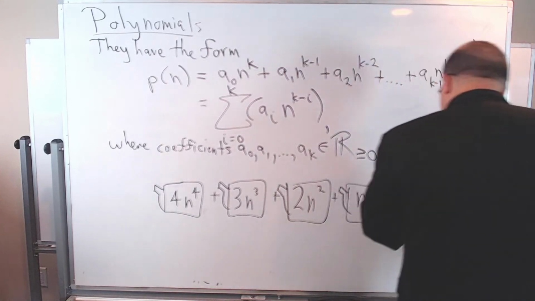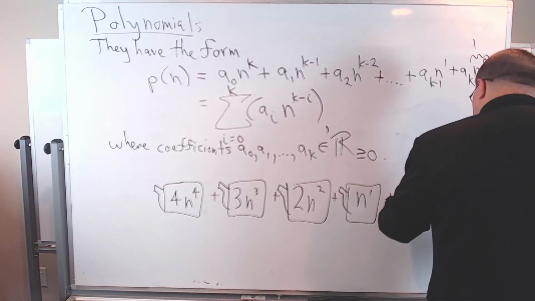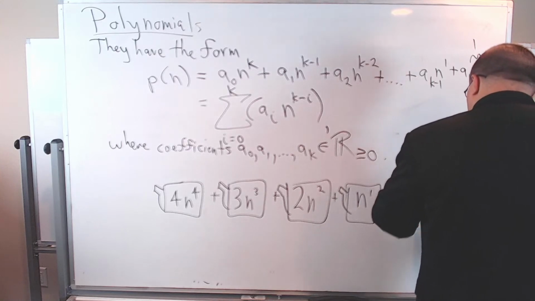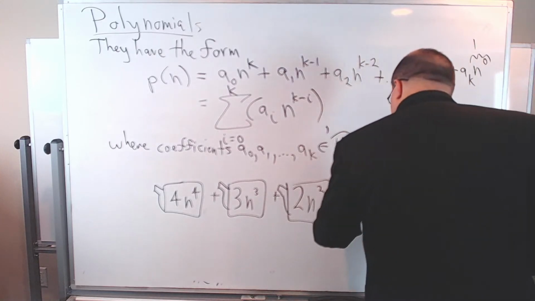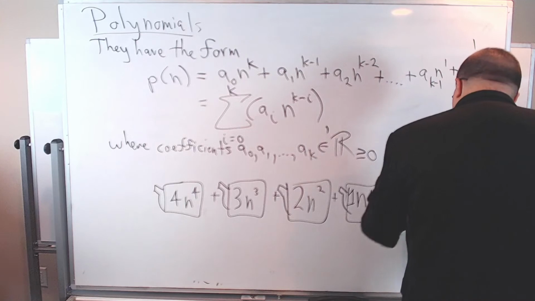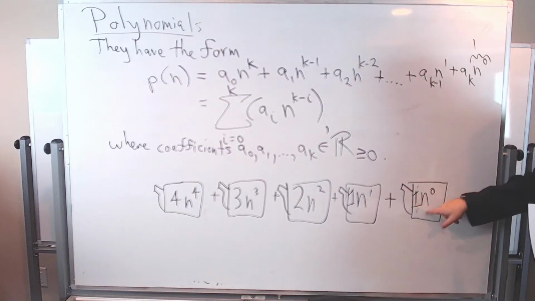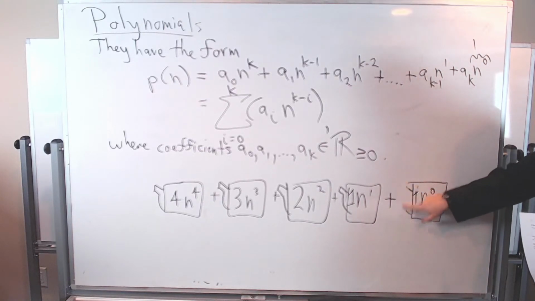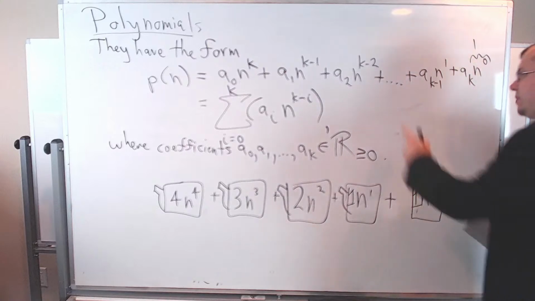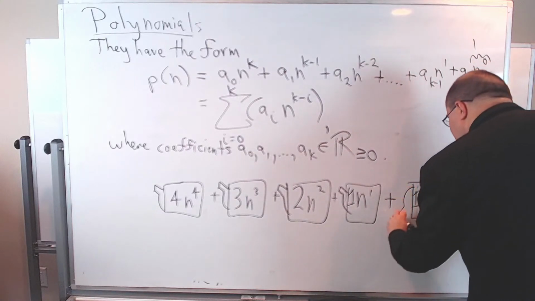Now, to make things a little simpler, we'll have each one of our coefficients here be 1, and that's 1. I want you to imagine these like switches. Now, this was not a part of my polynomial, so I've just rewritten it in terms of that form there. So I'm going to turn it off.